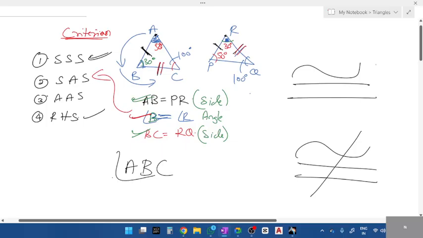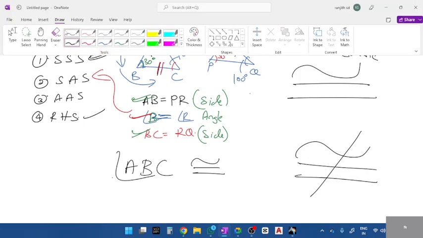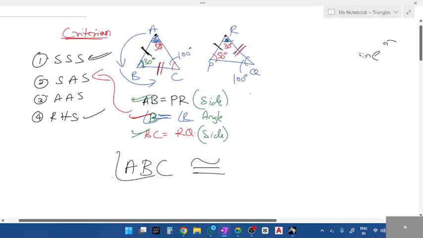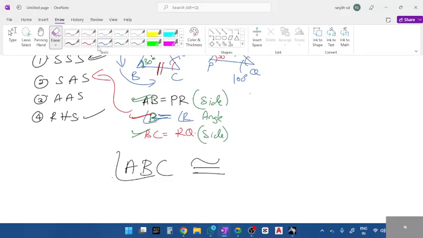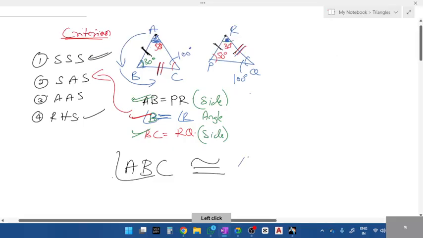Congruent meaning same. The figures are same. Not congruent is unequal. Equal, unequal. So these two figures were congruent. I have to write this symbol. Now you have to write in such a way that their values match, students. You shouldn't randomly write something.